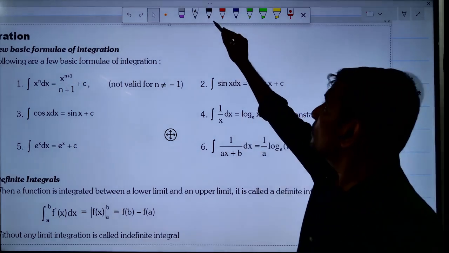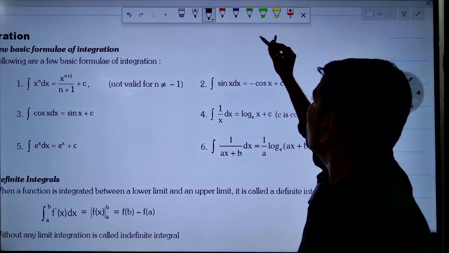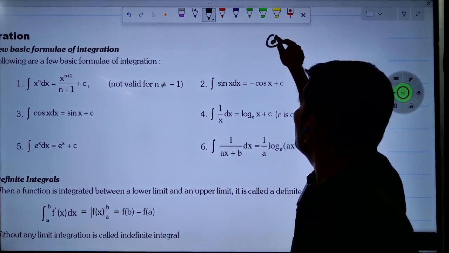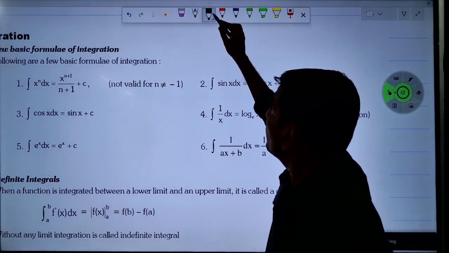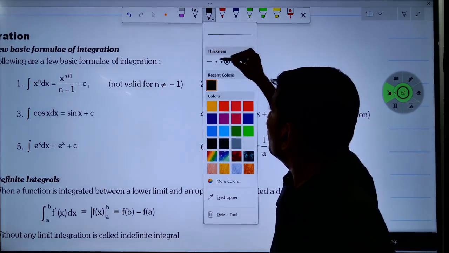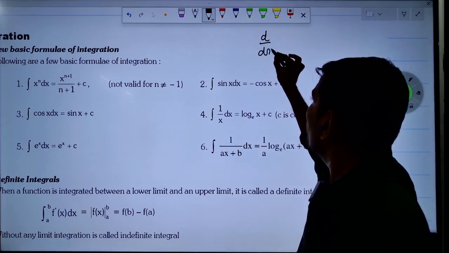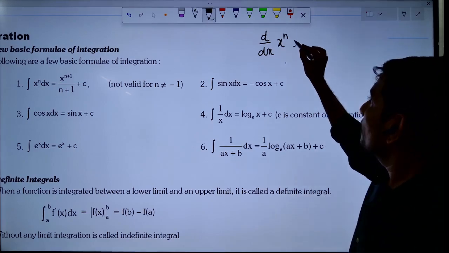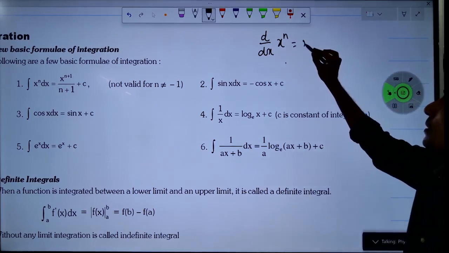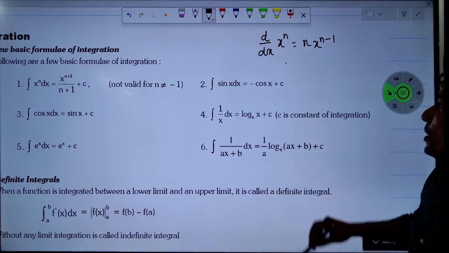Watch this. Last time, d by dx of x power n was equal to n into x power n minus 1.